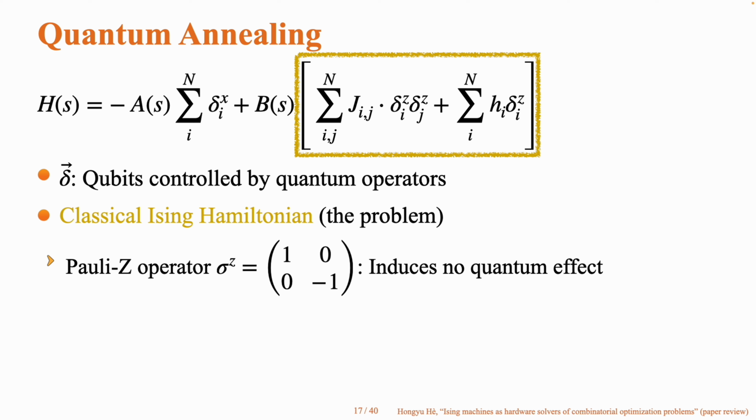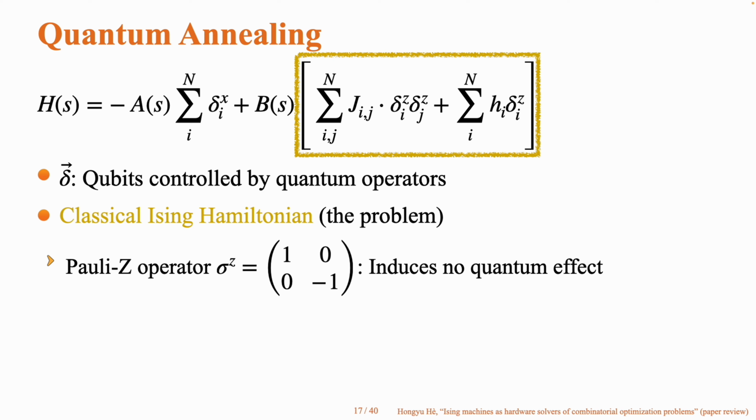Here we are using the Pauli Z operator, the matrix applying onto every single qubit. But I think in the paper they mentioned it's commuting, regardless of which direction you apply this operator.